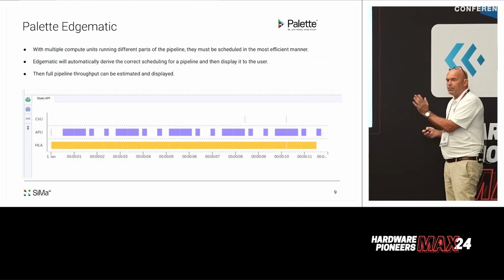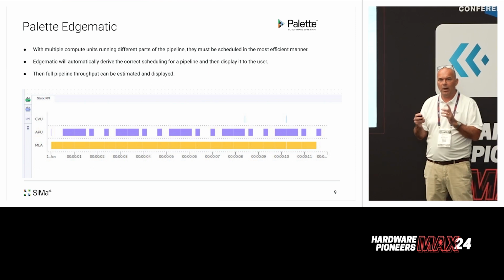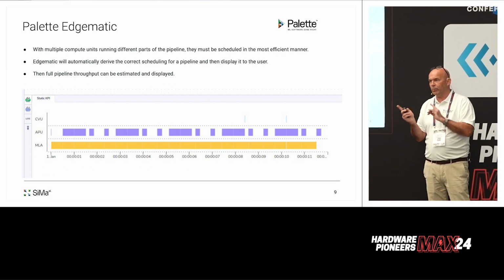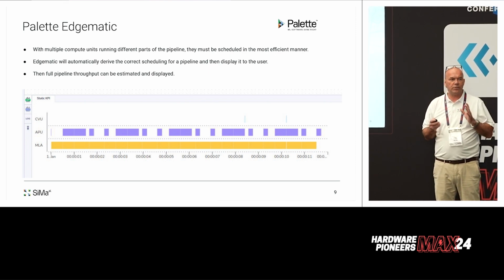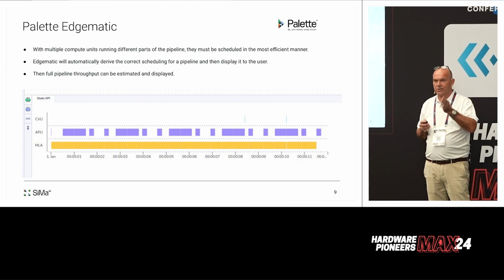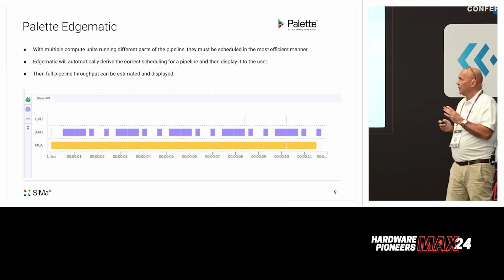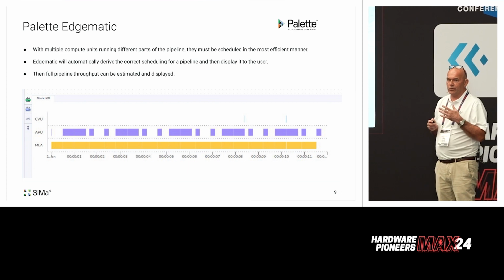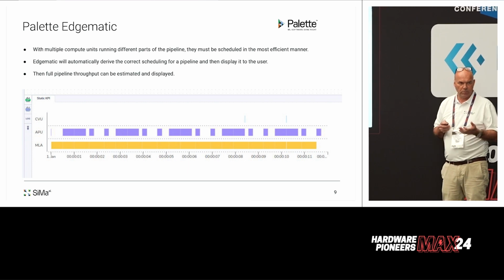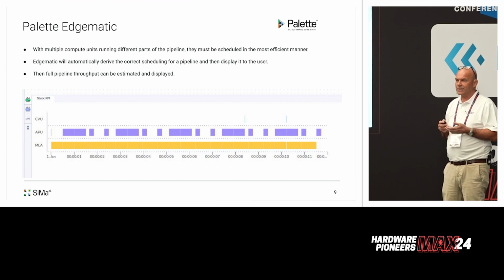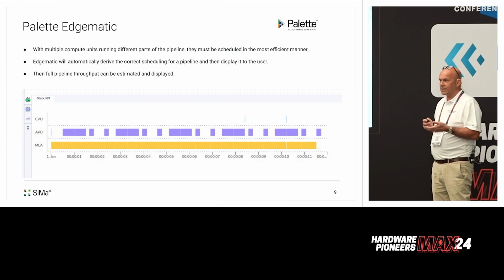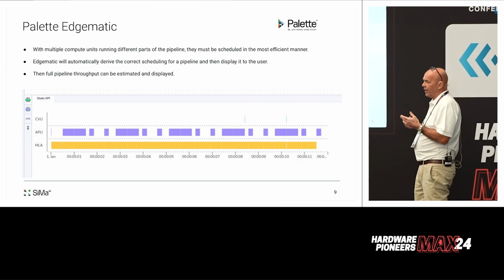Now, these pipelines that I showed you, even though they're mapping to different blocks, generally don't execute in a sequential manner. It's really important to us to be able to schedule the use of those blocks. So we have our own patented scheduler in our runtime that schedules at two levels.